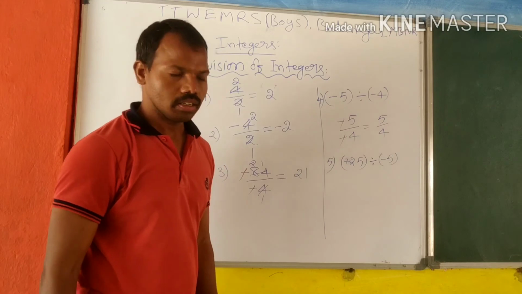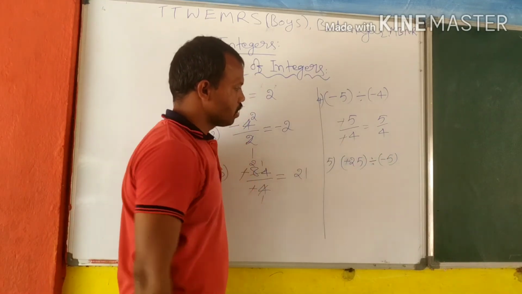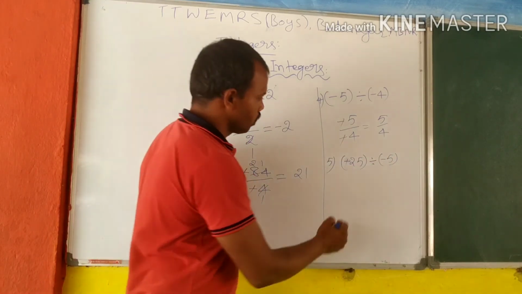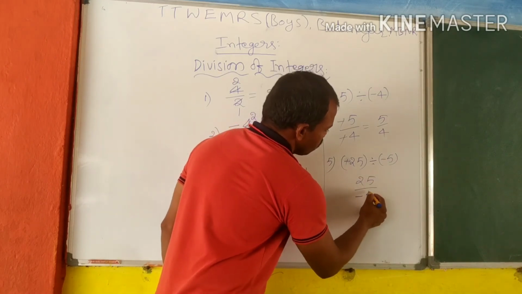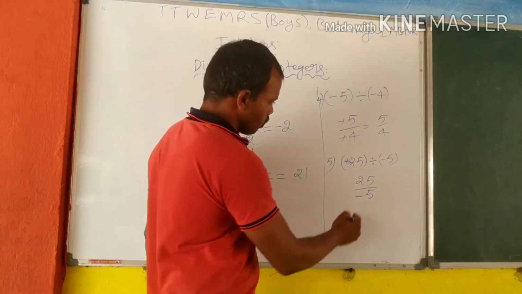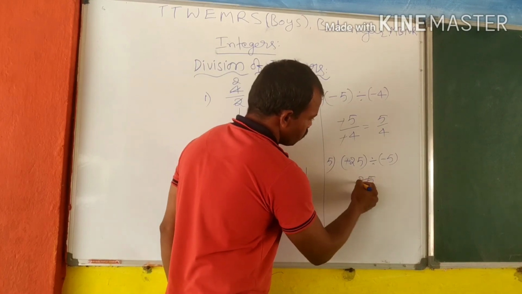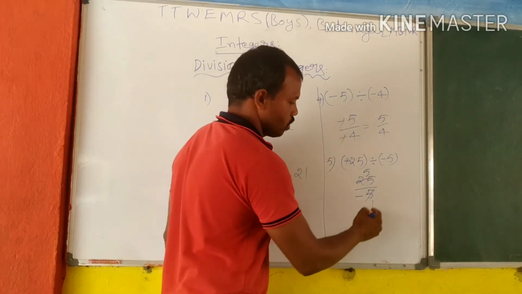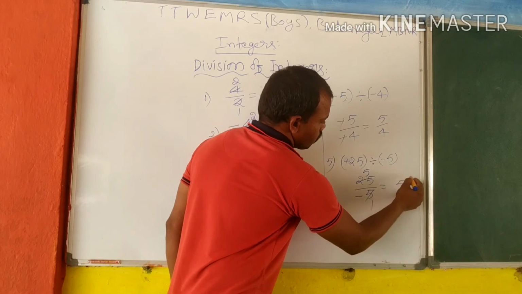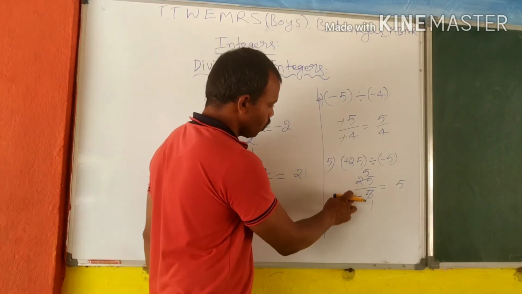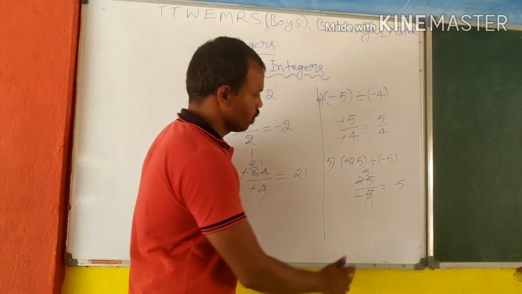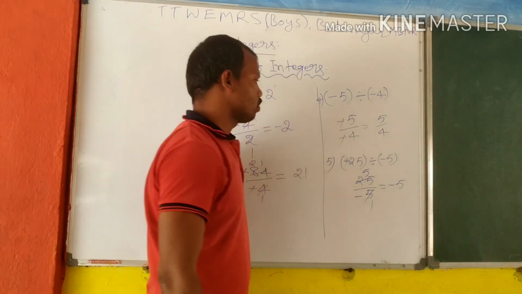What is your answer? 25 divided by minus 5. So 5 one time, 5 times. But here in this division we have only one negative sign. The result is also a negative sign.